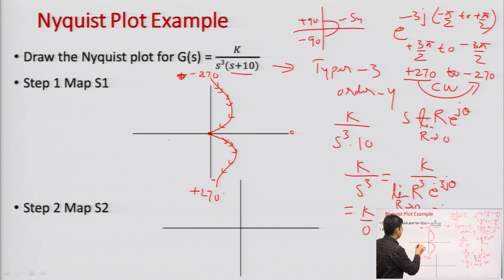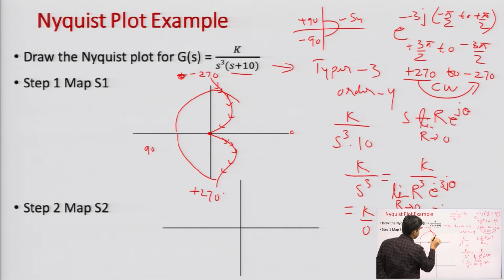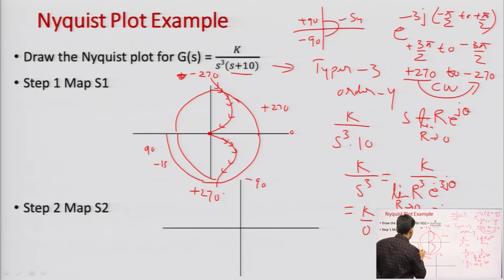I will go to the first quadrant, okay, it is 90, then 180, then 270, right. After moving this plus 270 in clockwise, I am reaching 0, then minus 90, then minus 180, then I will terminate at minus 270.